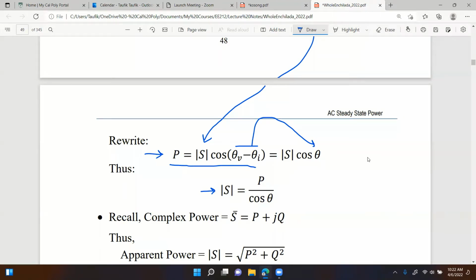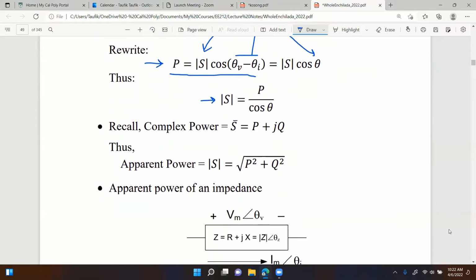Now I have several equations for apparent power. I have the equation that I derived earlier, I have VRMS times IRMS, and if you use peak values, you have VM, IM. Any questions?